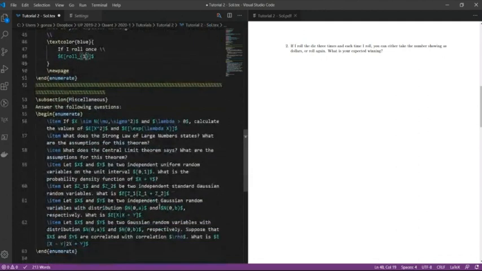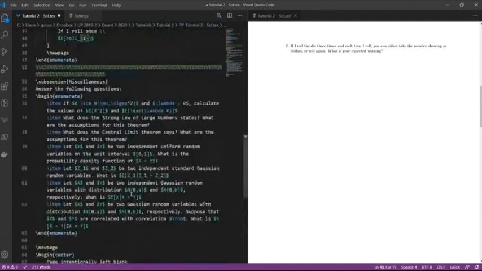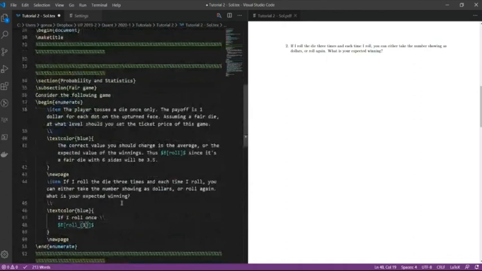I believe it's like this. Pretty sure it's like this. We'll see. Yeah, I get a preview over here. So this underscore means that I want a sub-index. So the expected value of rolling once, we already decided, is 3.5.